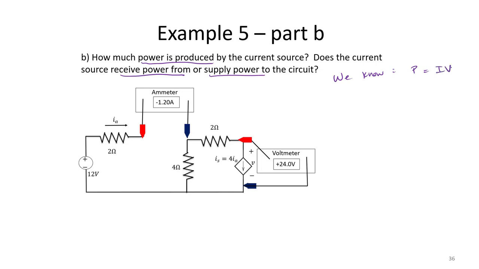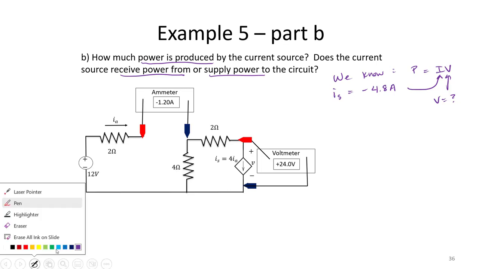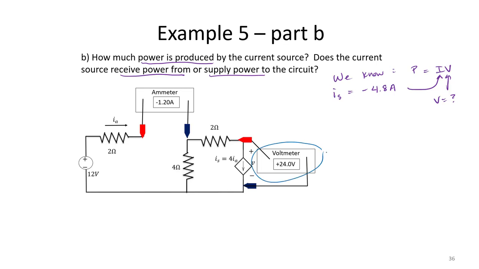And from our previous question, we know that IS, the current supplied by our source, is negative 4.8 amperes. So we know I. We need to find V. Do we know V? Well, turns out we do. V is 24 volts from the voltmeter.